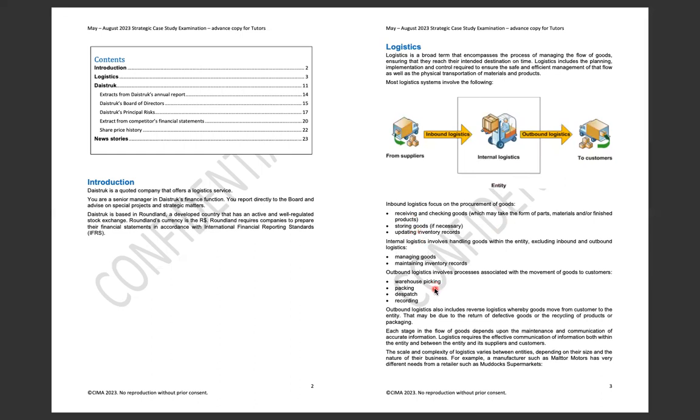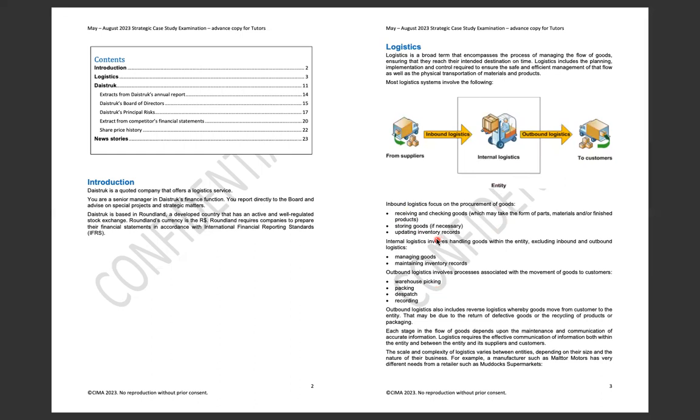Now, we need to think of how to improve the organization's business model through technology, right? We need to be able to reduce the costs.